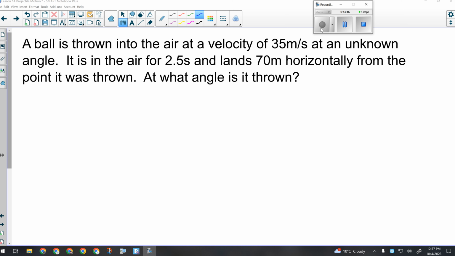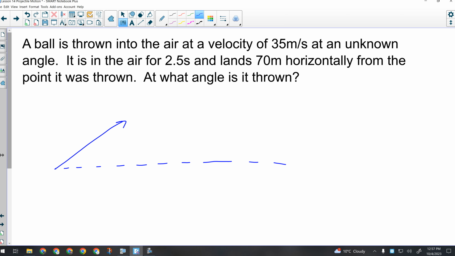Okay guys, just in case you're stuck, little push here. So we know that the object is going to do this, and we know that horizontally it travels 70 meters, and that it is in the air for 2.5 seconds.